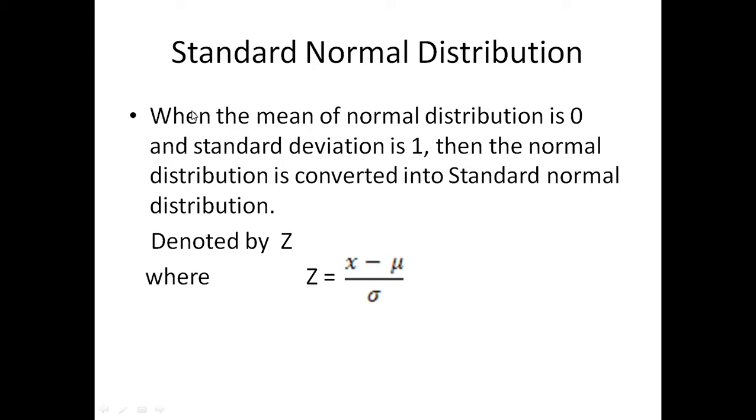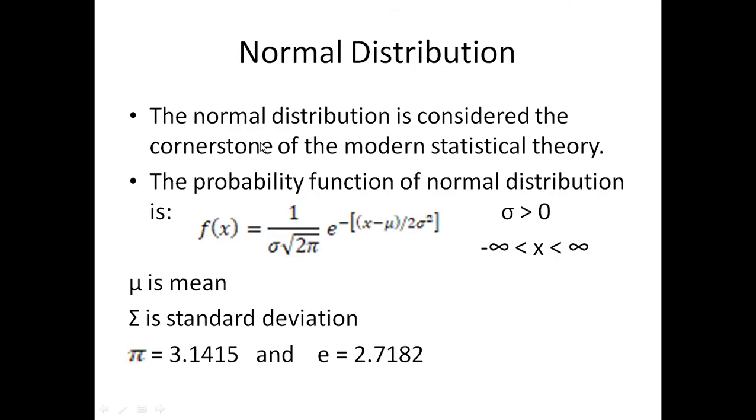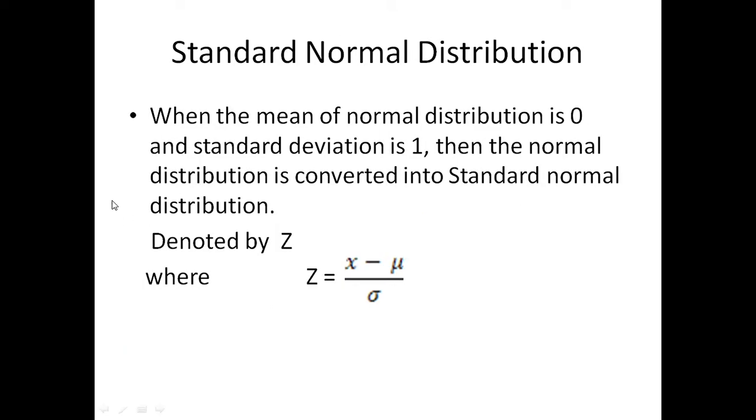Now, what is the standard normal distribution? When the mean, that is mu, of the normal distribution becomes 0, and the standard deviation becomes 1, then the normal distribution is converted into the standard normal distribution, and it is denoted by z.